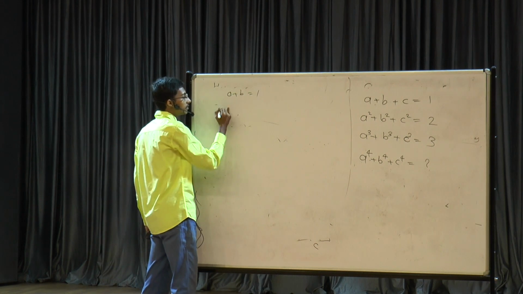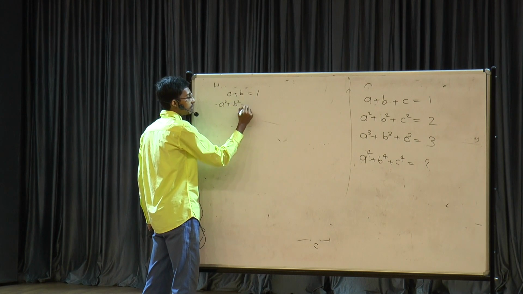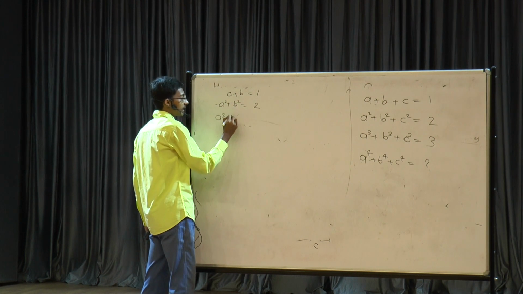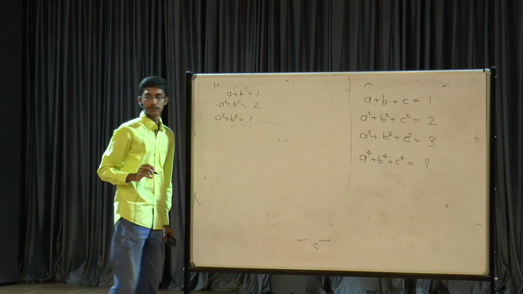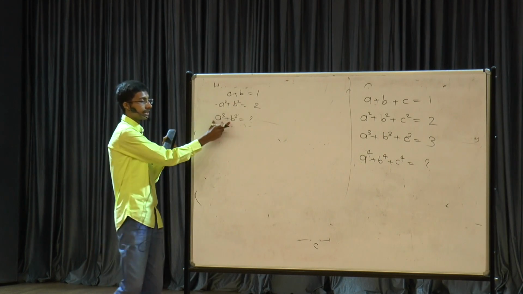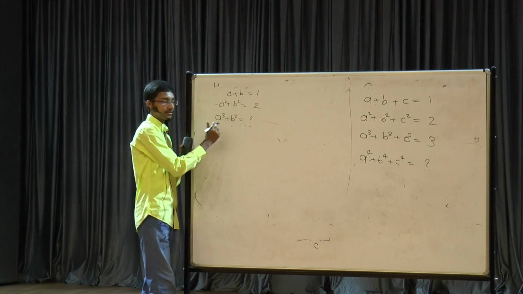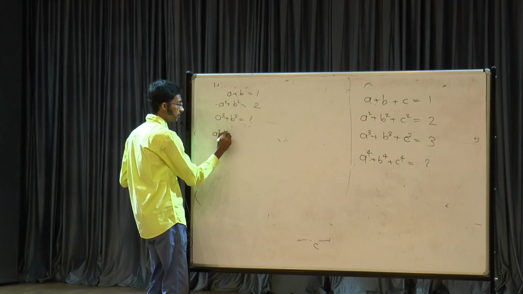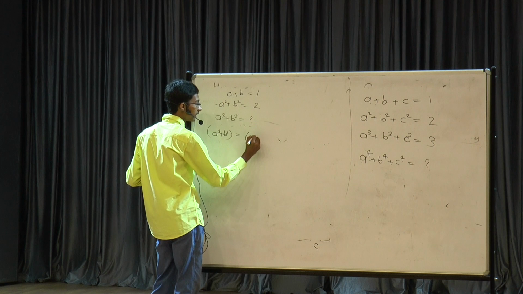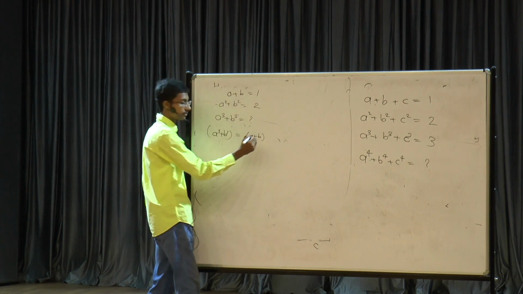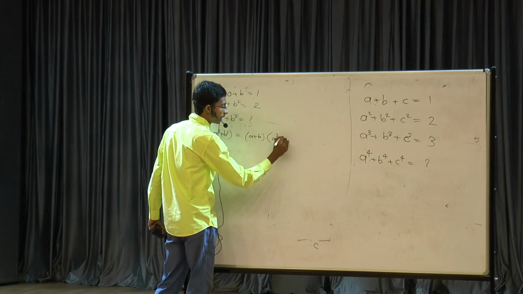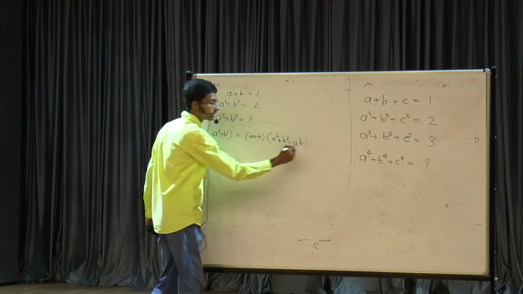Say the problem was something like this. A plus B is 1. A square plus B square is 2. What is A cube plus B cube? I'm pretty sure you guys have come across the factorization for this identity. What is A cube plus B cube? A plus B times A square plus B square minus AB.